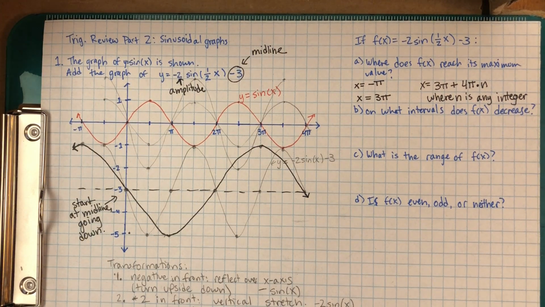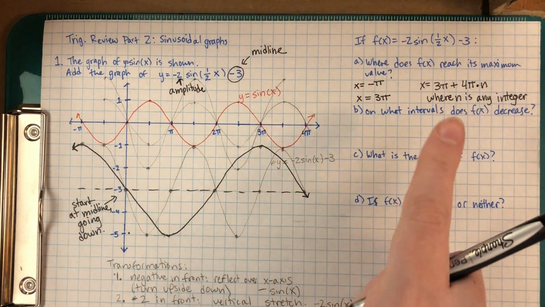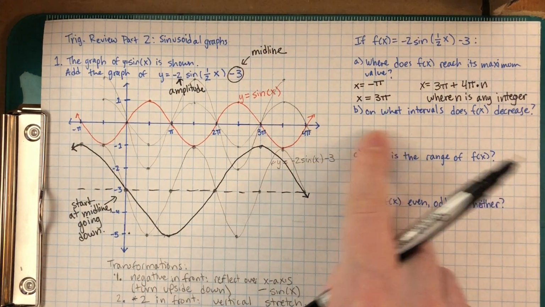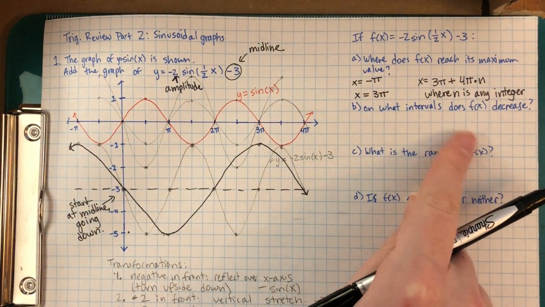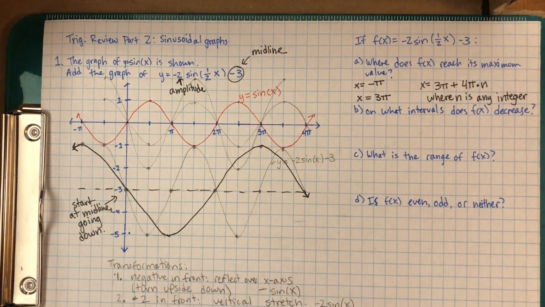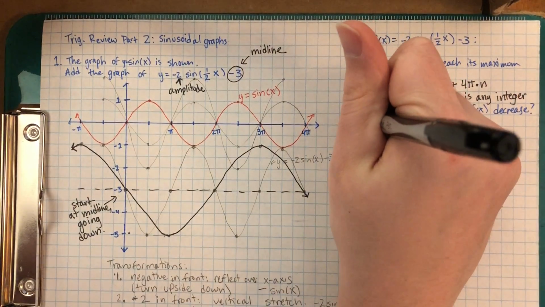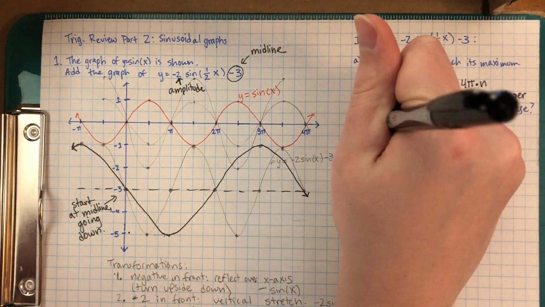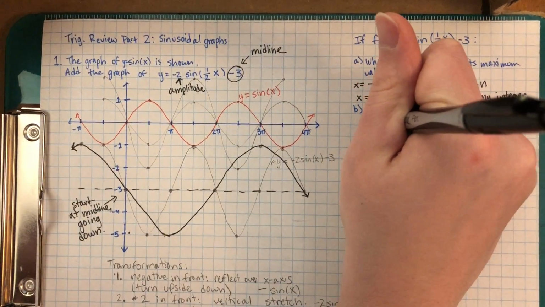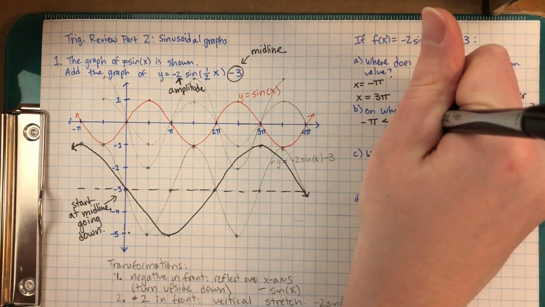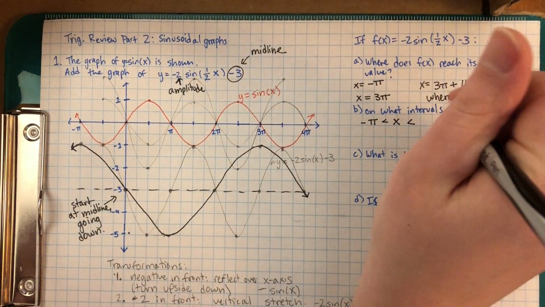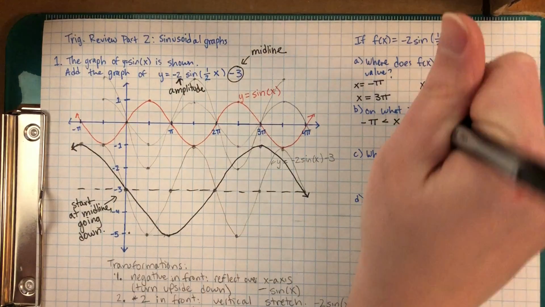We're going to do a similar thing for this question. On what intervals does this decrease? So I see that I have one decreasing interval that is from negative pi to positive pi, right?